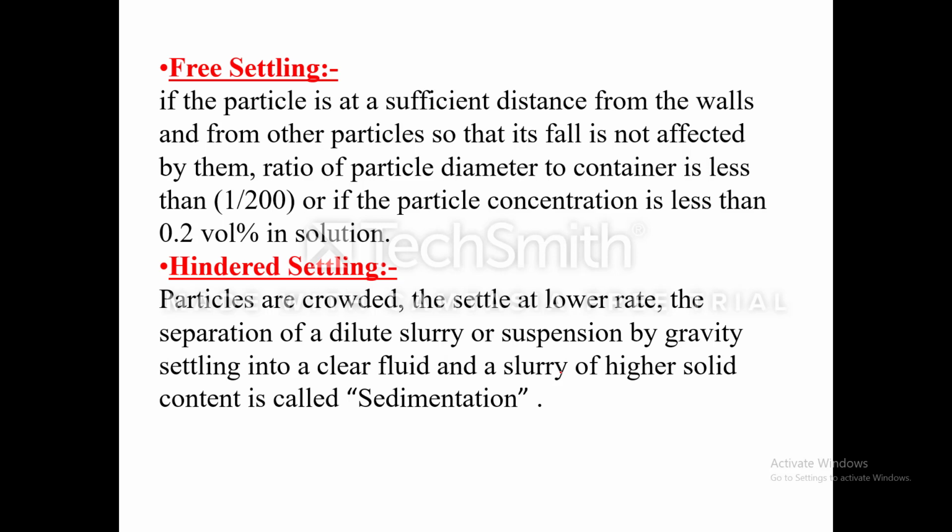Free settling is when the particle is at a sufficient distance from the wall and from other particles so that its fall is not affected by them; the ratio of particle diameter to container diameter is less than 1/200, or the particle concentration is less than 0.2 volume percent in solution.